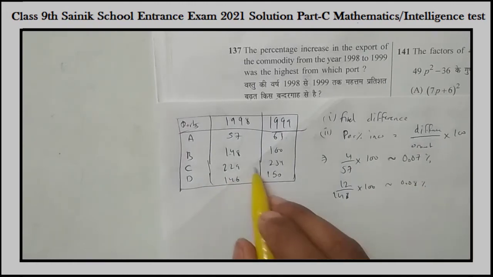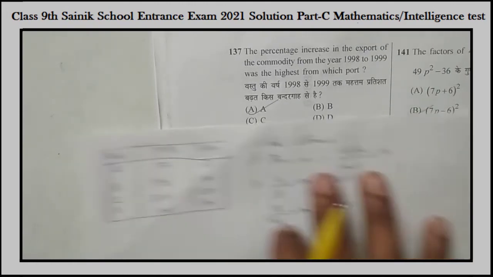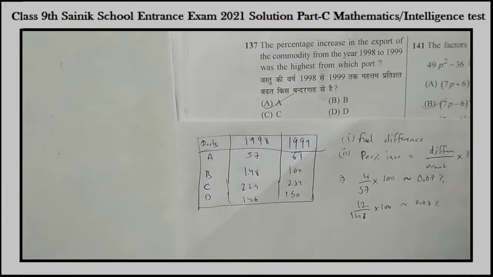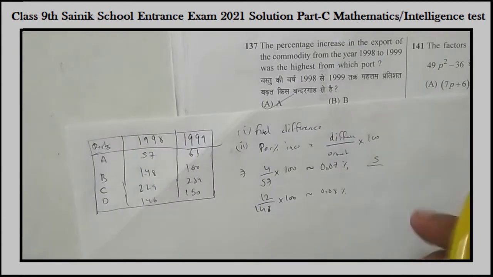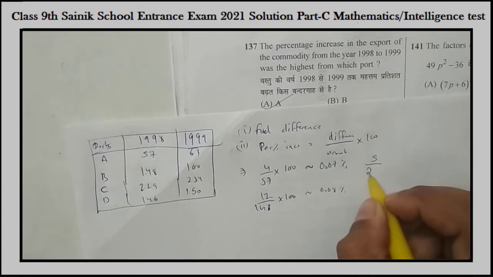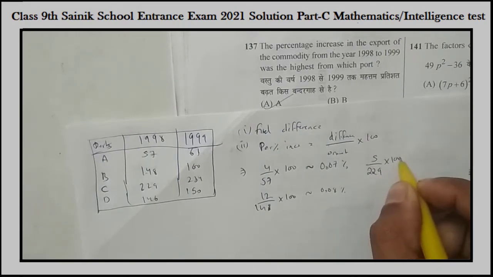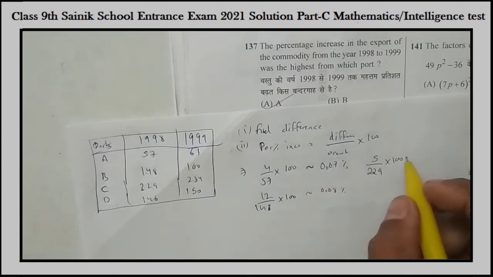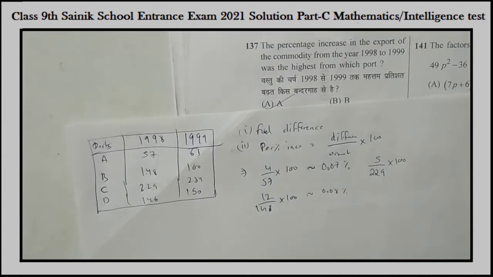In the next one, the difference is 5, and the original value is 229, multiplied by 100. This is so less. How much less? Let us calculate here.